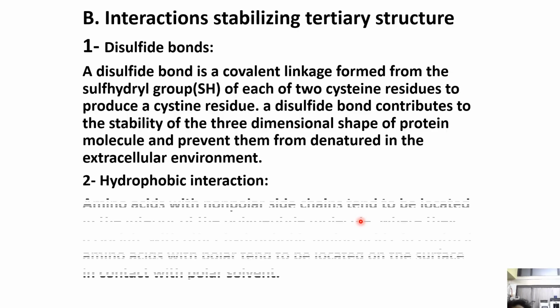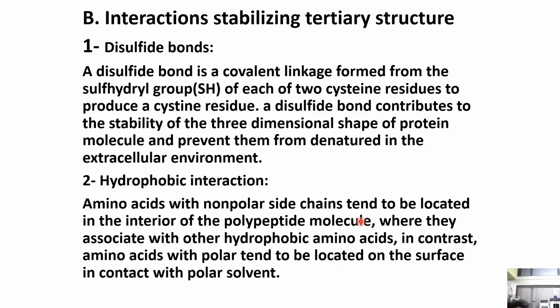Hydrophobic interaction: amino acids with nonpolar side chains tend to be located in the interior of the polypeptide molecule, where they associate with other hydrophobic amino acids. In contrast, amino acids with polar side chains tend to be located on the surface in contact with the polar solvent.